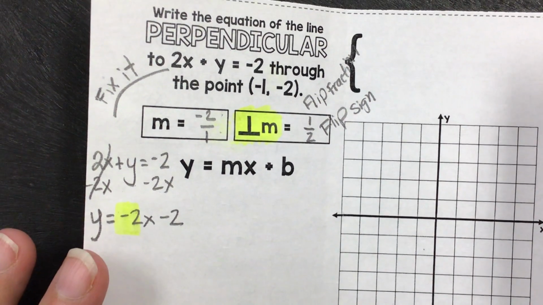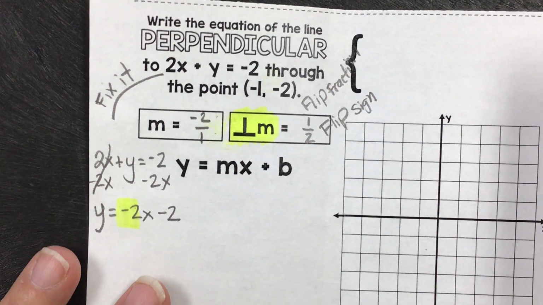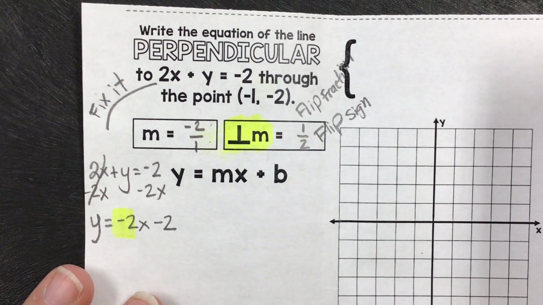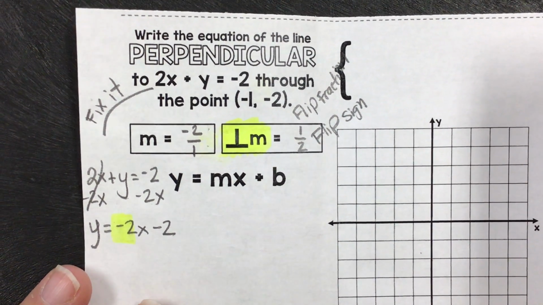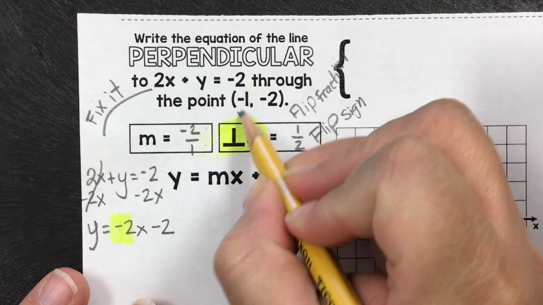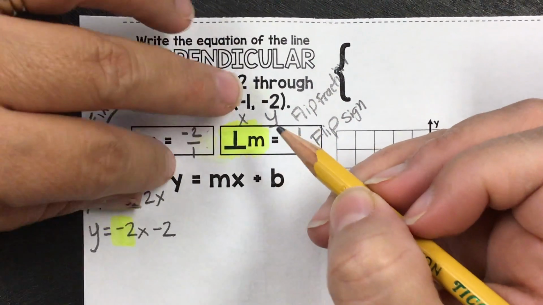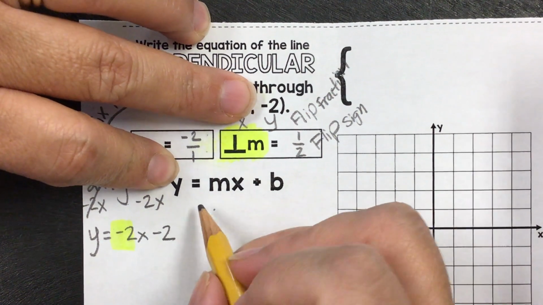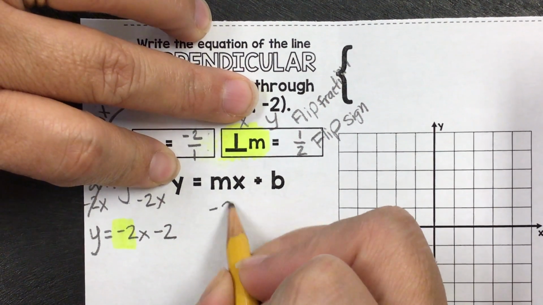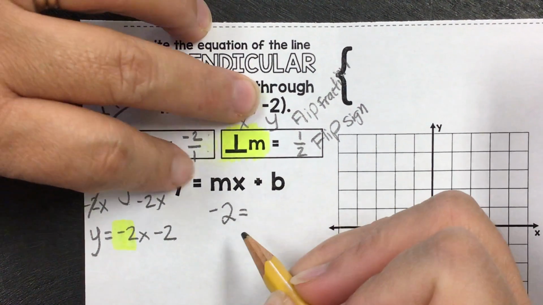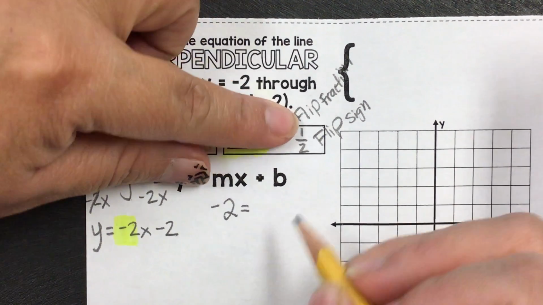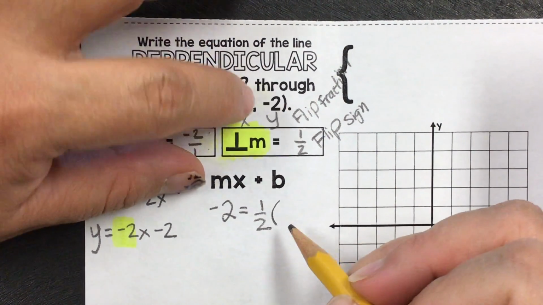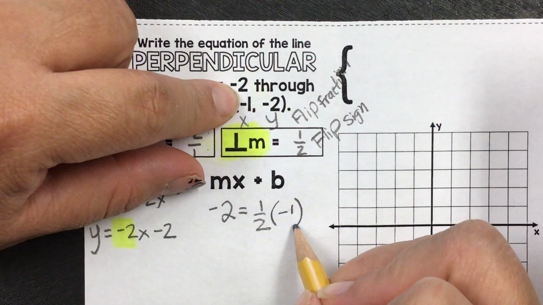You don't have to write the positive sign, but you can if it makes you remember that now our slope is positive. We're going to start substituting in the values. This is an x, this is a y. So I'm going to write a little bit over here so I just have enough space. Negative 2 is equal to, and then the perpendicular slope, because we're writing perpendicular lines, and then your x is negative 1.